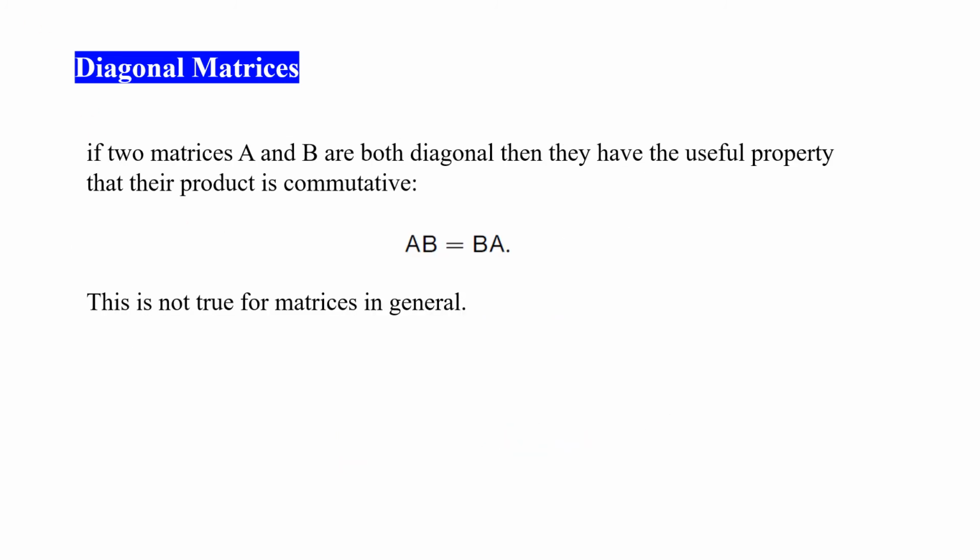If two matrices A and B are both diagonal, then they have the useful property that their product is commutative. That is, A times B is just equal to B times A. This is only true, however, for diagonal matrices. Remember again that this relationship is only true for diagonal matrices.